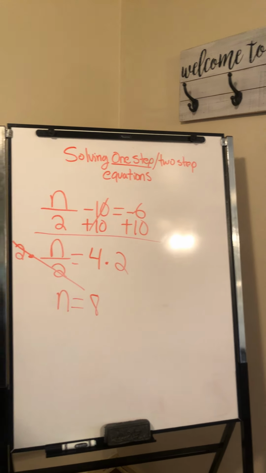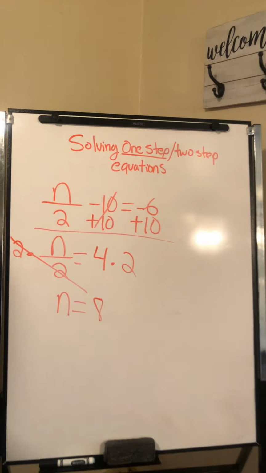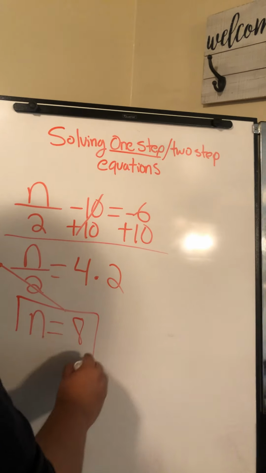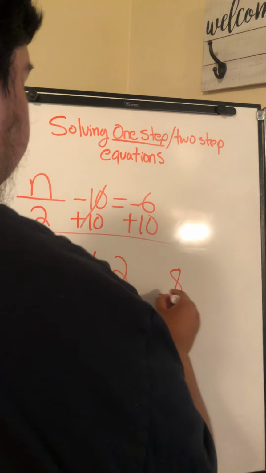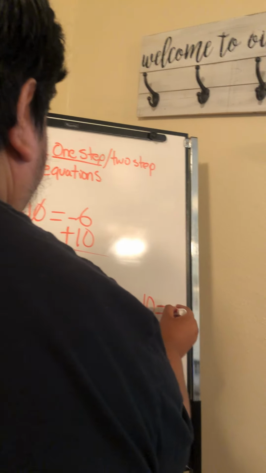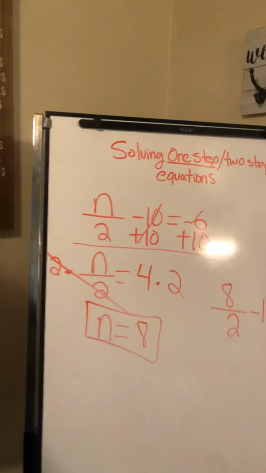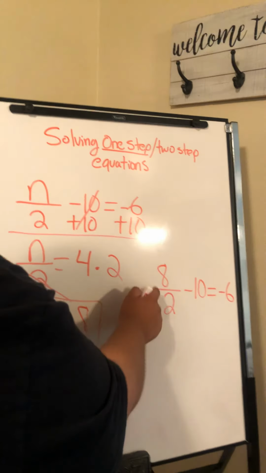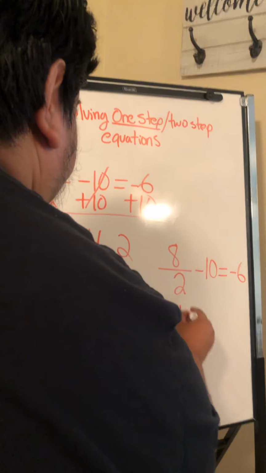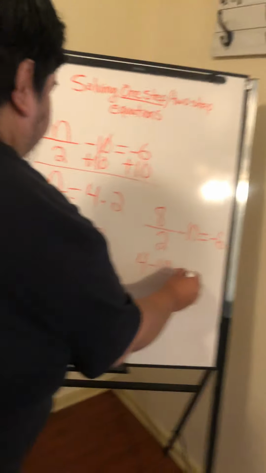And let's check our answer. See if it's correct. So, N we know is 8. So it should be 8 divided by 2 minus 10 should be -6. So 8 divided by 2 is indeed 4. 4 minus 10 should be -6.